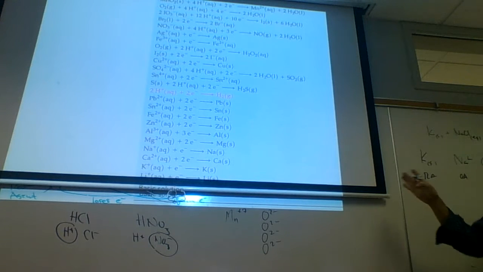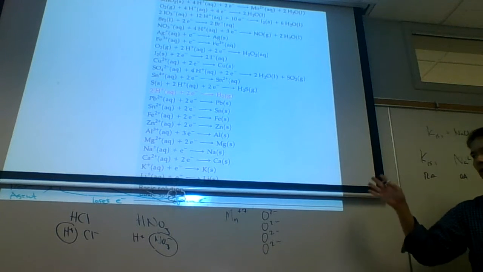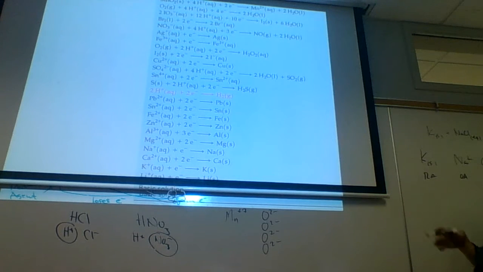Some species occur on both sides, so they're both a reducing agent on the lithium side and an oxidizing agent on the fluorine side. You can find which species there are if you read the chart. Chloride is just on the lithium side, so that's a reducing agent. Water is on both sides. Water is both an oxidizing agent and a reducing agent.